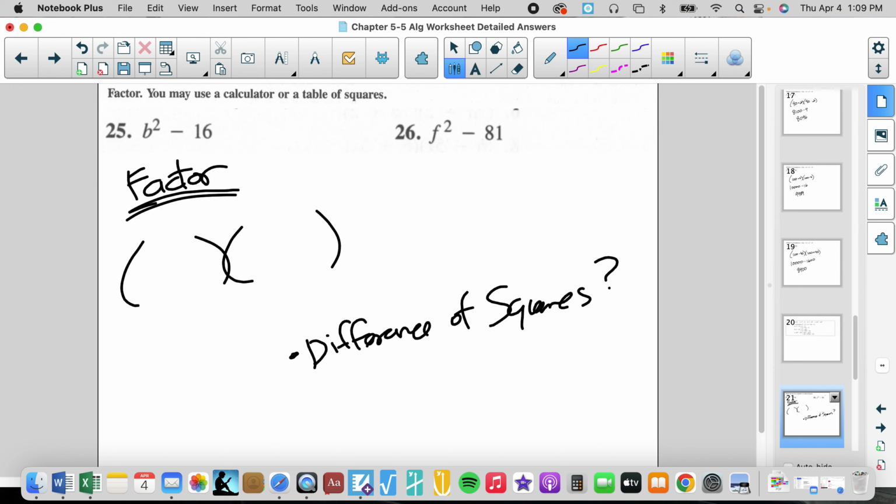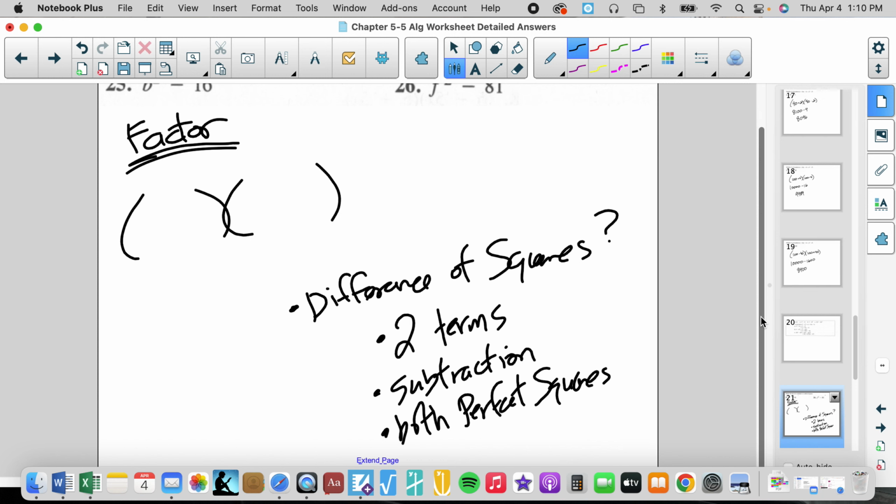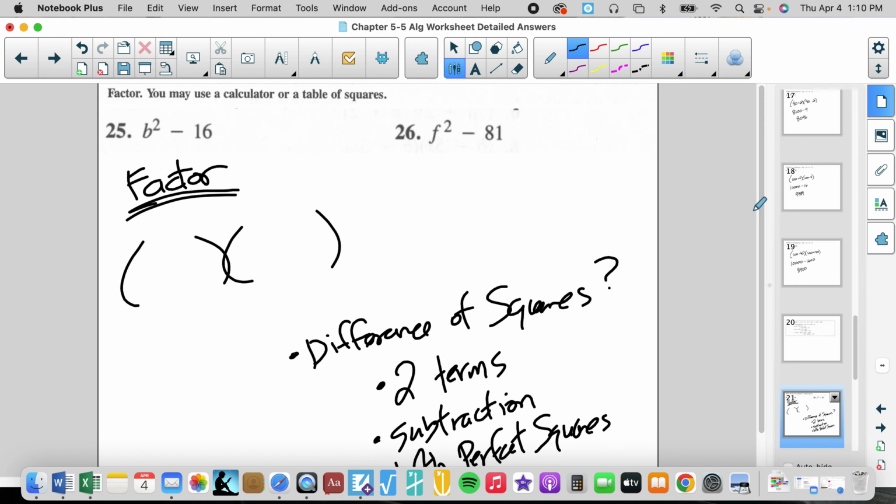It has three things. First thing is two terms. Is it two terms? Is it subtraction? And are both perfect squares? If that is the case, then it is a byproduct of conjugates.